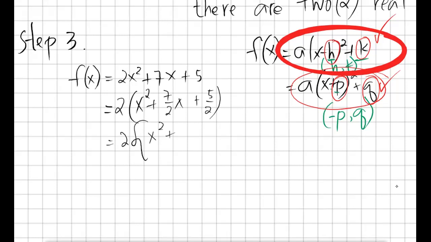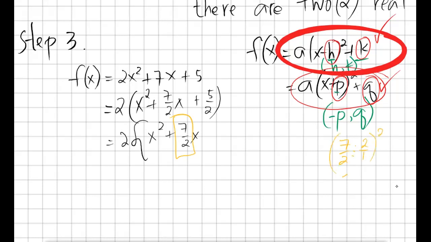Now regroup: x squared plus 7 over 2 x. Remember, the third term is the square of the second term's coefficient divided by 2. So that's going to be 7 over 2 divided by 2, and then squared.